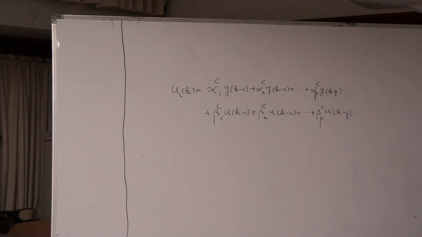So at this end now, I already showed you the system ID to identify alpha and beta.